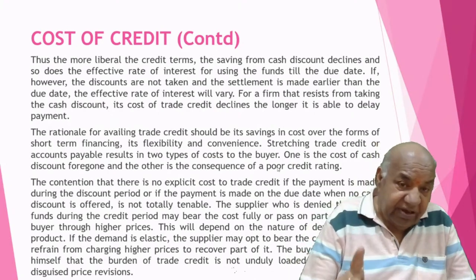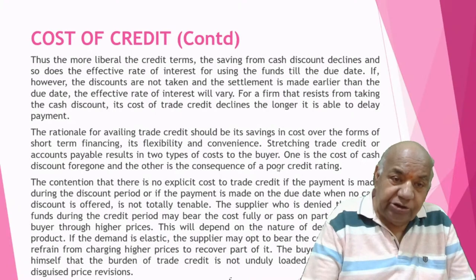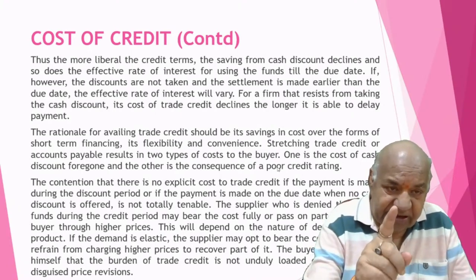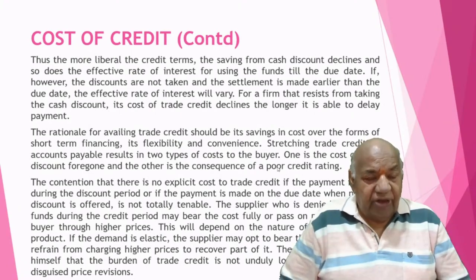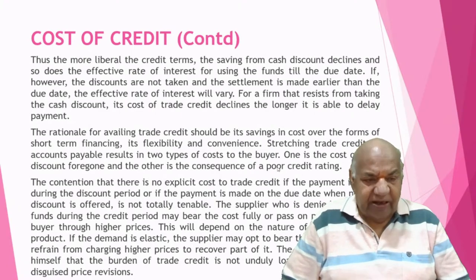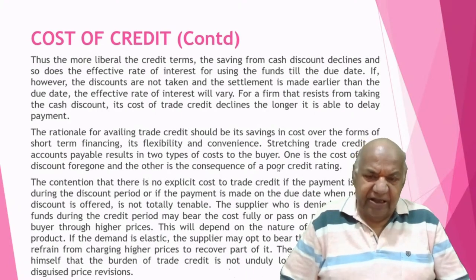But at the same time, the buyer may lose trade credit for the next transaction. Chances are there. The rationale for availing trade credit should be its savings in cost over other forms of short-term financing, its flexibility and convenience.